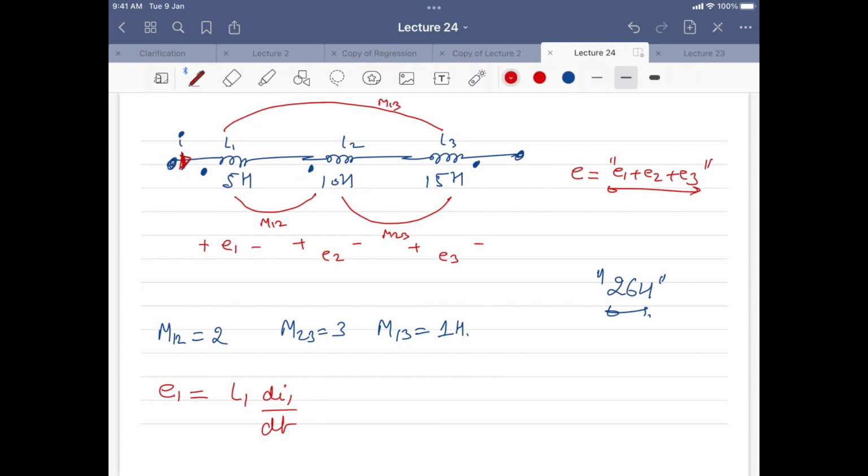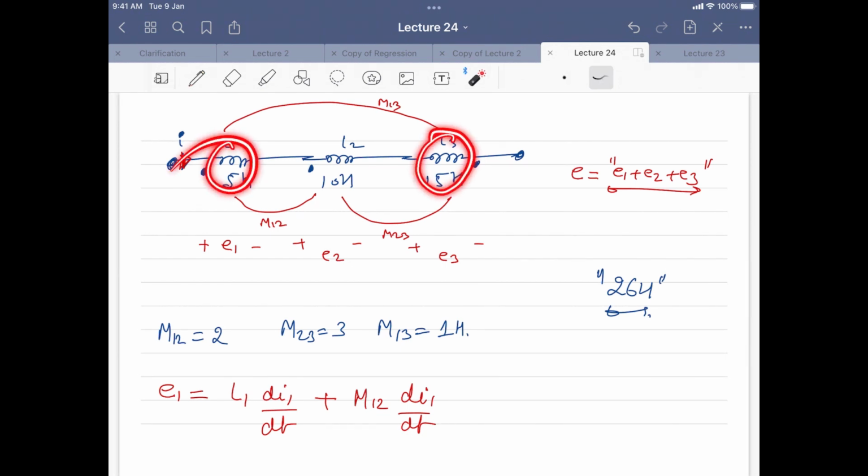So you have M12 dI1 by dt. And again we have L3 also and L1 also. For these two, will M13 be positive or negative? Negative, because in one case current is entering the dot and in the other it is leaving the dot. So that's why it will be negative.